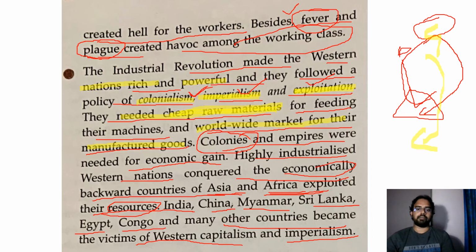So, with the money they had, the industrial nations sponsored the kings, sponsored their governments, and these governments, in turn, went out and captured many colonies in Asia and Africa.